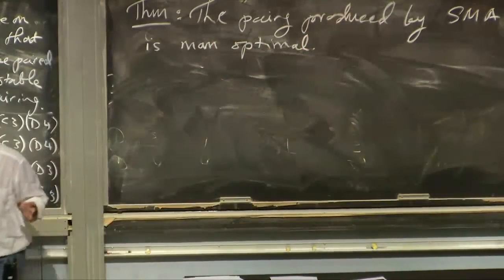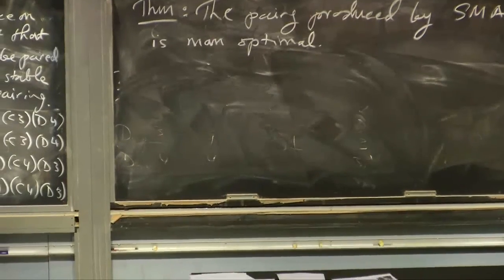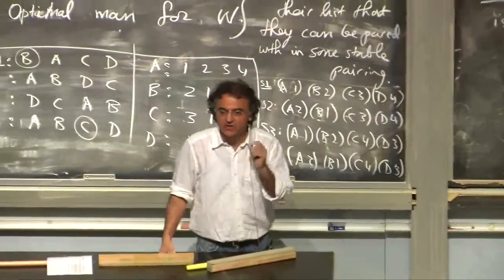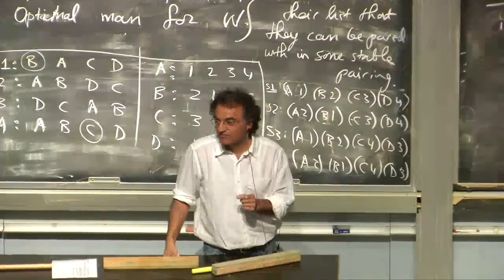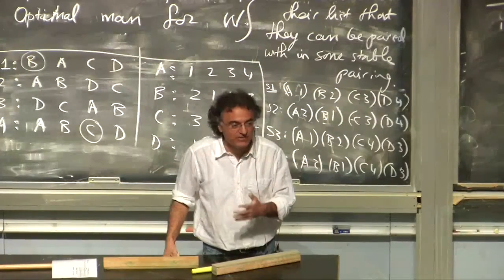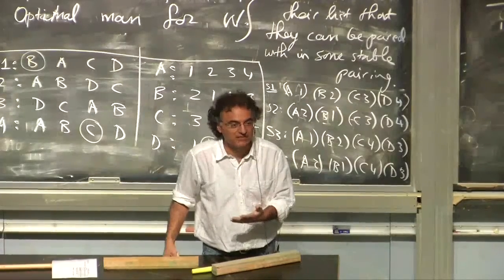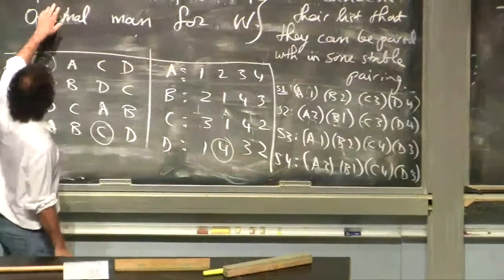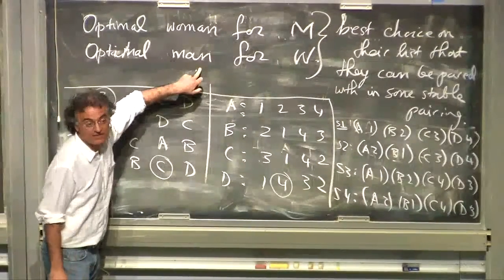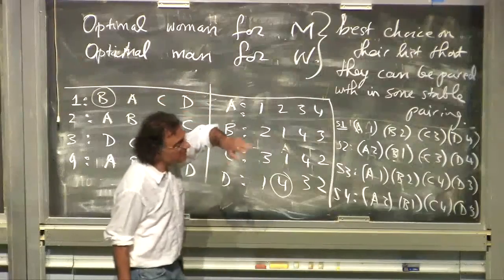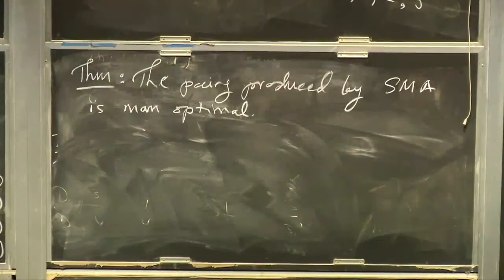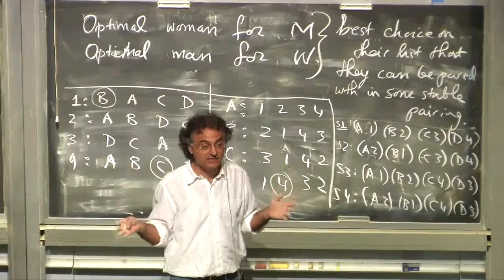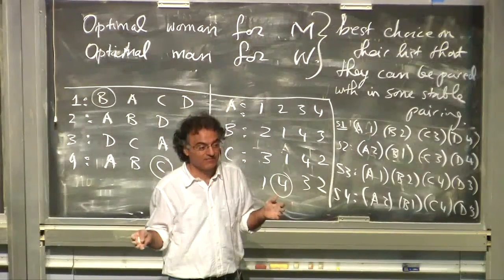This is a very strong condition. What it means is every man gets his optimal choice. He gets the best possible choice he could under stability, simultaneously. Here we were just saying, what's the optimal choice for this man? Now what we're saying is, the stable pairing that's produced by this algorithm happens to give every man individually the best possible outcome that he could possibly hope for, simultaneously.